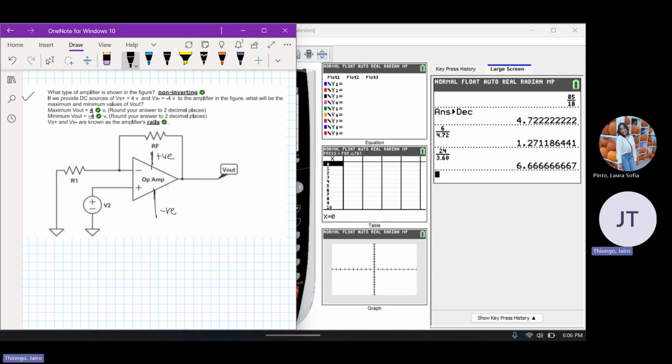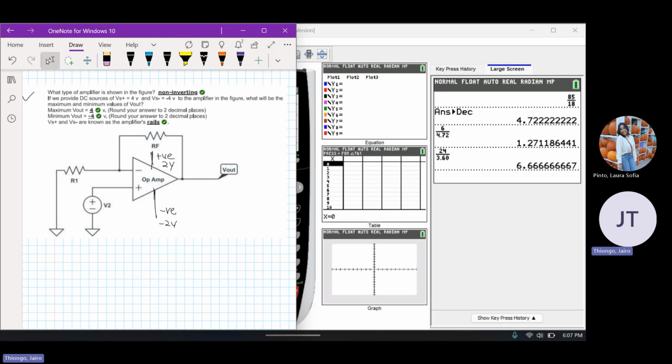These rails act as an upper and lower bound of what V out will be. Say they're set at 2 volts and minus 2 volts. V out cannot go above 2 volts or below minus 2 volts. So when giving the answer, the maximum will be that which is given.